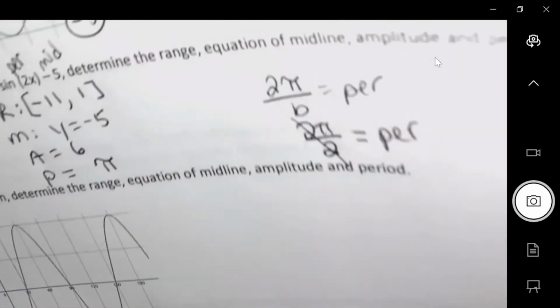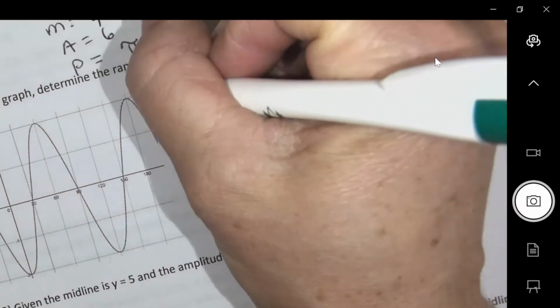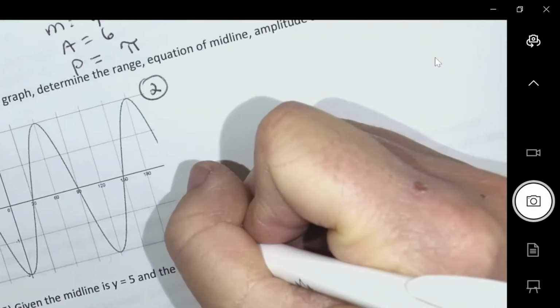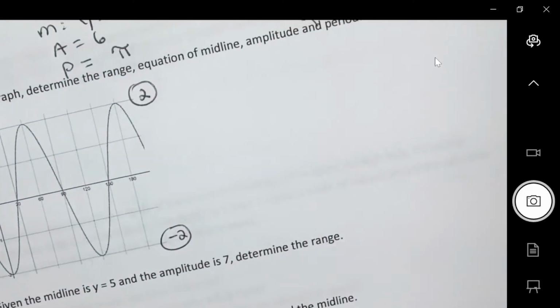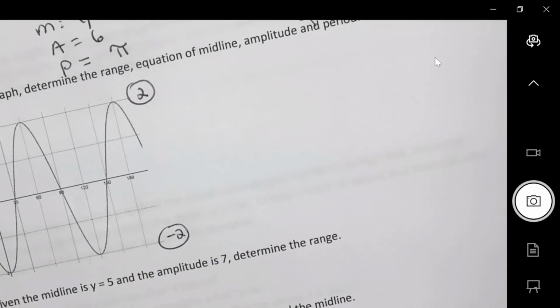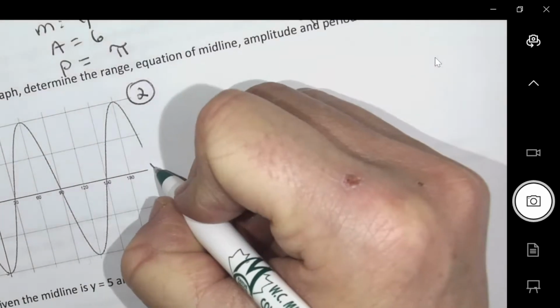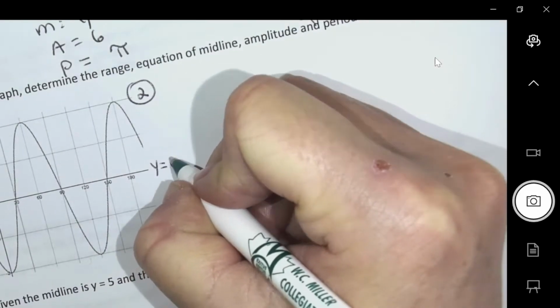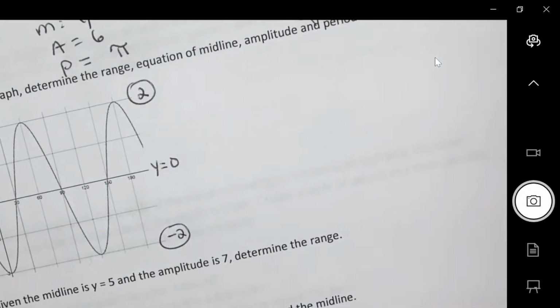Okay, let's do the same thing with another graph. So I just kind of write myself some notes here. So I'm going to say that's the top and bottom. Therefore, what's in the middle? Just 0, right? 0's in the middle.